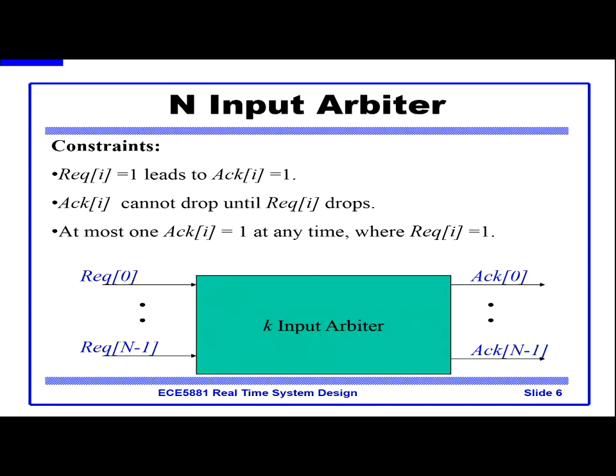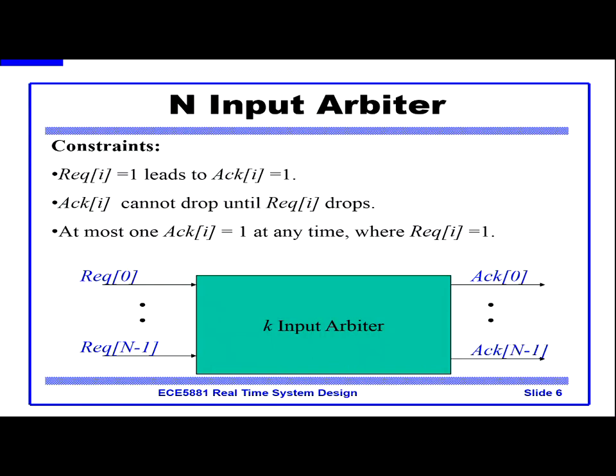Once that arrives, you can go ahead and use the shared memory or the system bus, whatever the shared resource is, and only one acknowledge should be asserted at any time. Once you've finished with the shared resource, you drop your request line to tell the arbiter it's now free and can be allocated to another request.